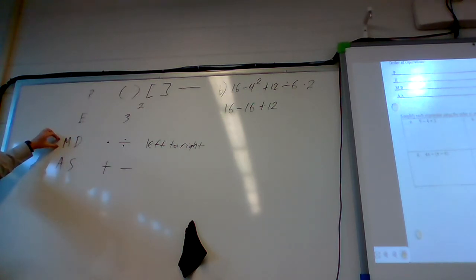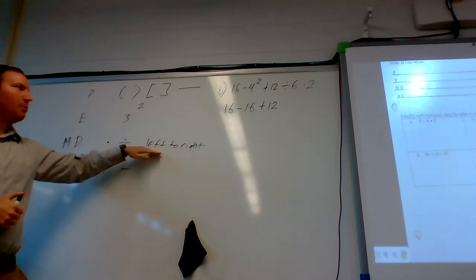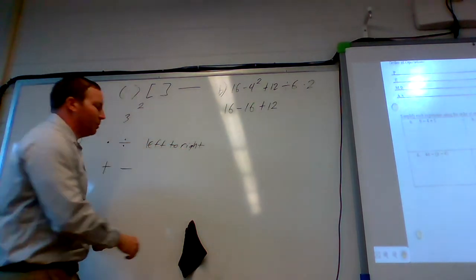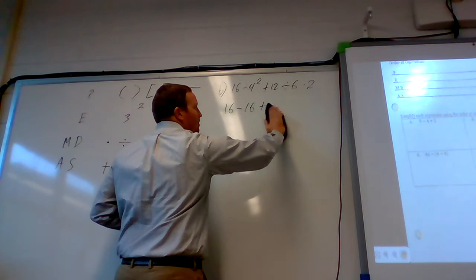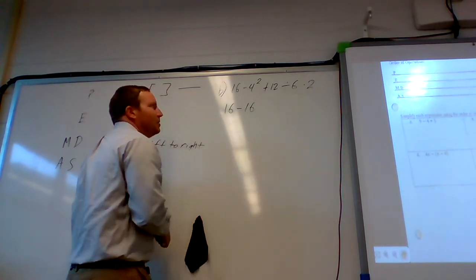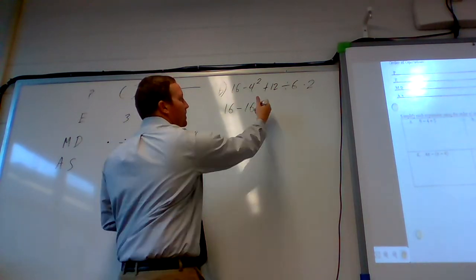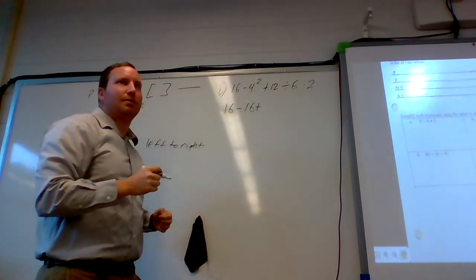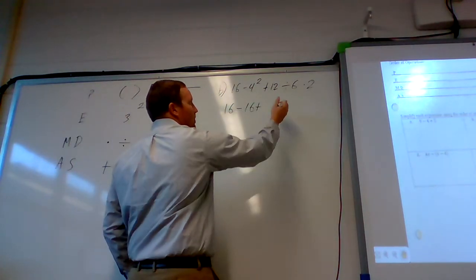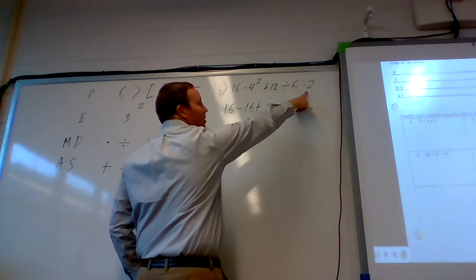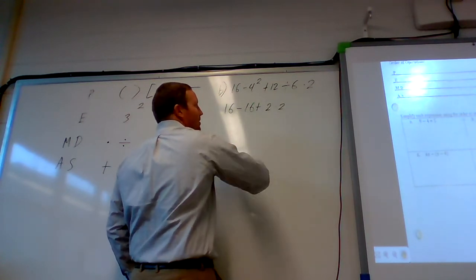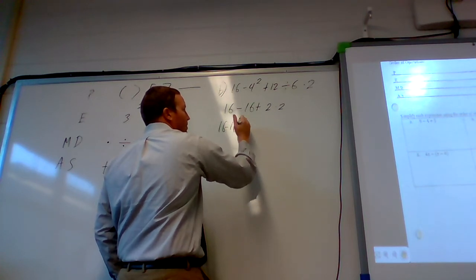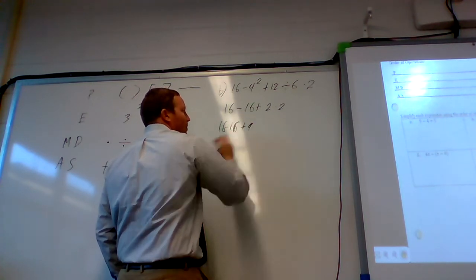Okay. So here's what I was saying. Normally we work left to right. We don't actually have to. So let's do it both ways. Okay, I'm going to split up the problem. If we do our division first, right? 12 divided by 6 is going to get us 2. And then we're going to multiply it by 2. Right? That's going to get us plus 4.